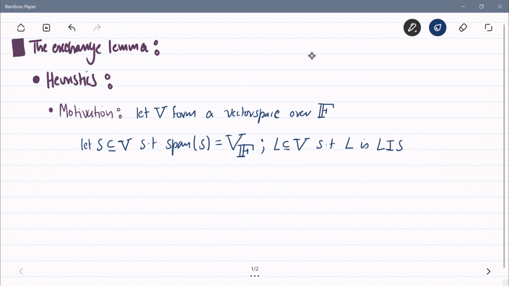What I would like to motivate is the fact that the size of the spanning subset will be greater than or equal to the size of the linearly independent subset. This should be at least somewhat obviously true. Why?